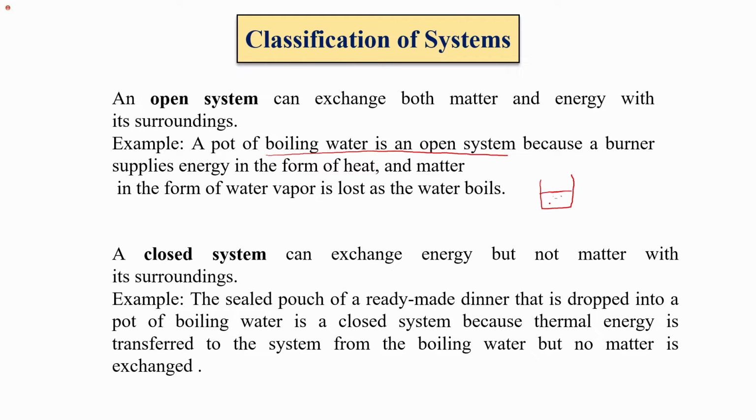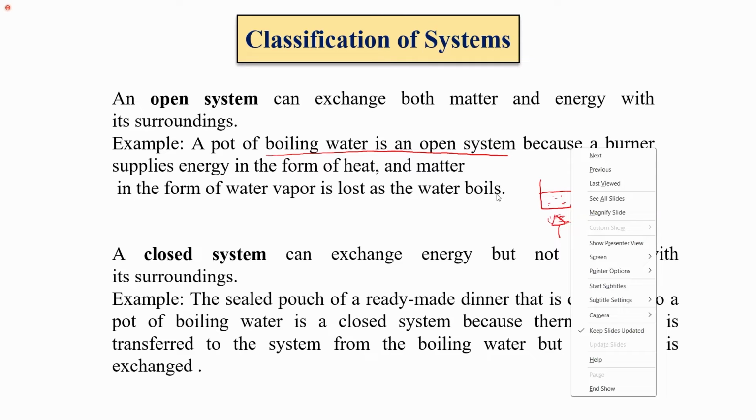containing water, and we put it on a burner, so flames will come. Now the energy is getting transferred from this burner to this flask. So this is the exchange of energy.